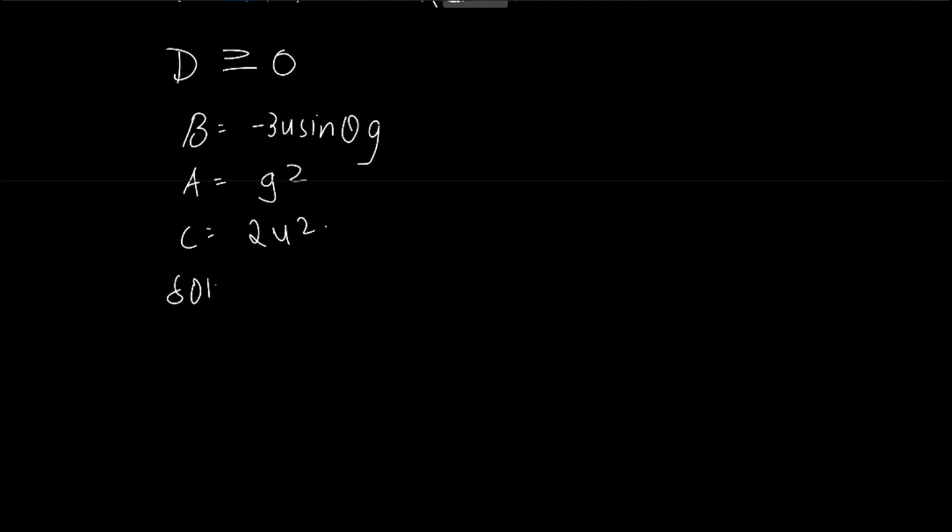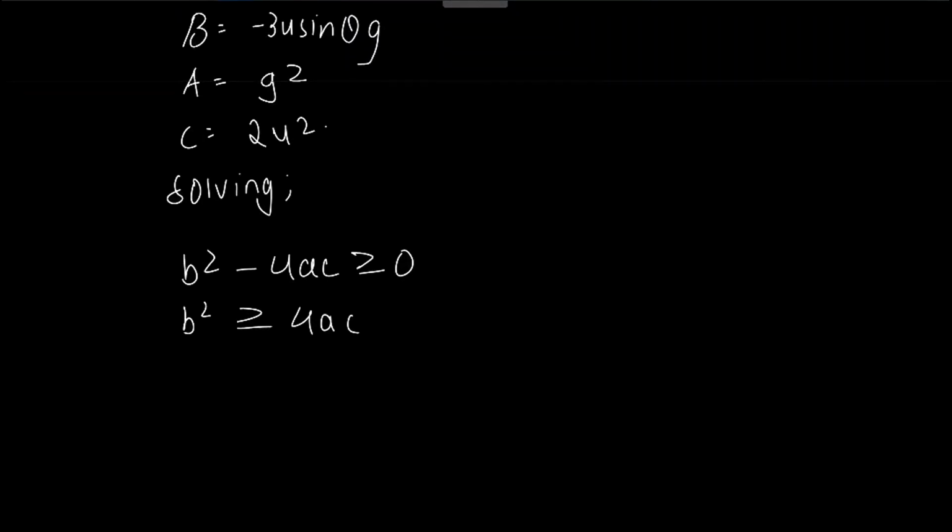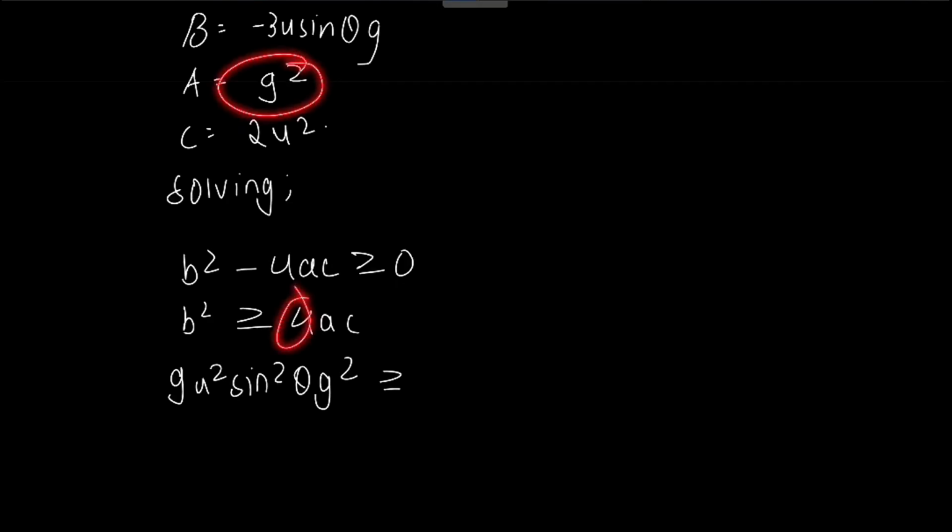Now b squared minus 4ac has to be greater than or equal to 0, or b squared has to be greater than or equal to 4ac. Now b squared is simply 9u squared sine squared theta g squared, and 4ac is 4 times g squared times 2u squared, so it's just 8u squared g squared.